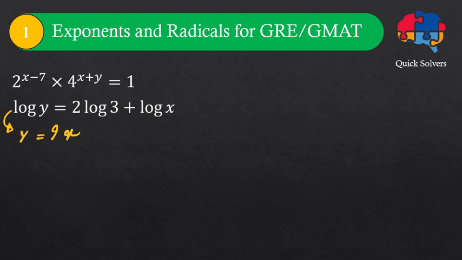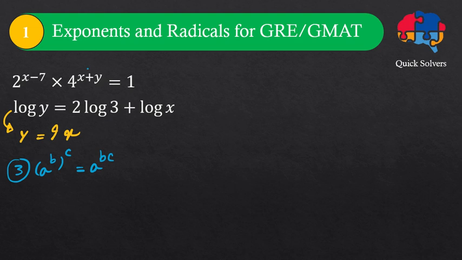Before I replace y by 9 times x, I want to see if I can further simplify the expression or not. Well, I know 4 equals 2 to the power of 2. And the third rule says that if we have a to the power of b to the power of c, I can write this as a to the power of b times c. But why is this important?